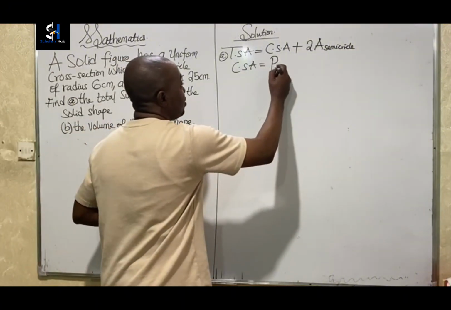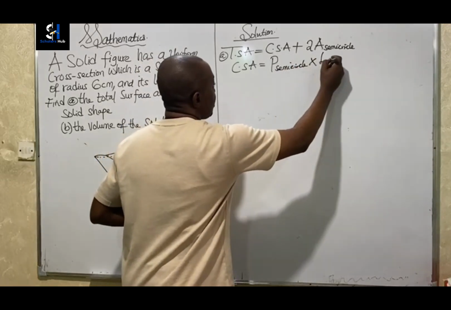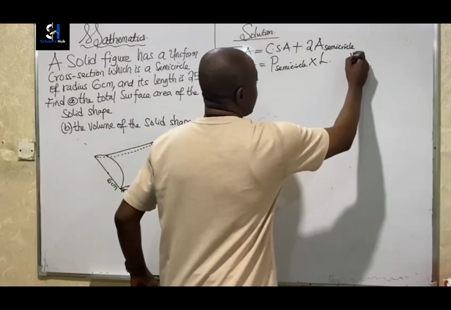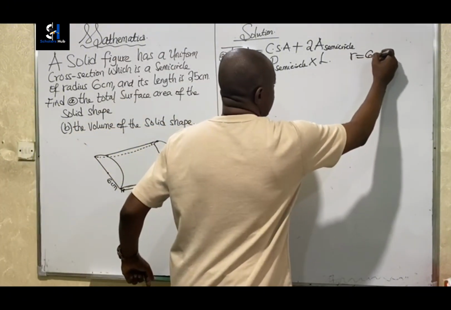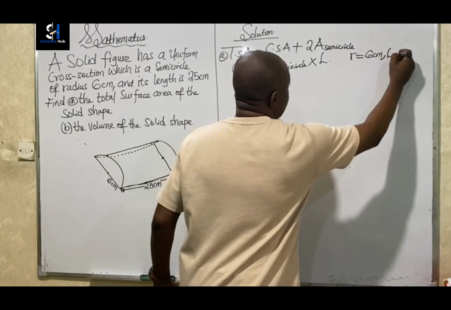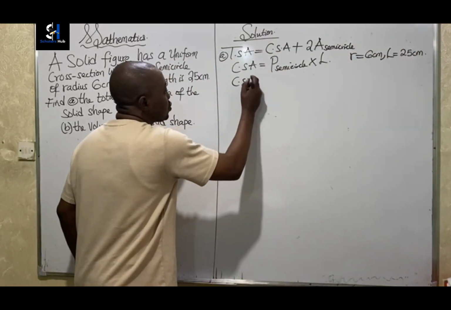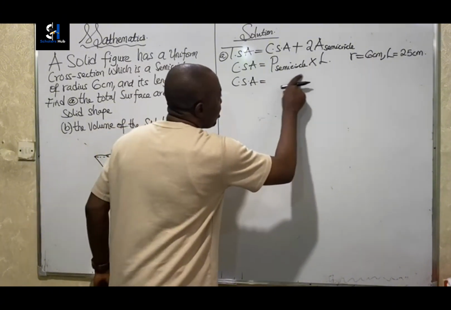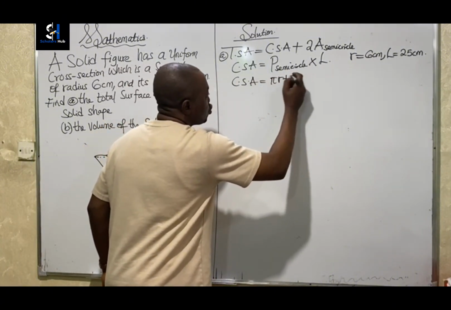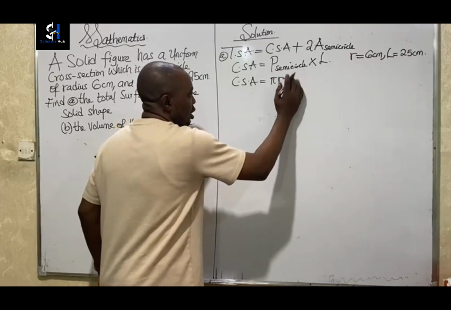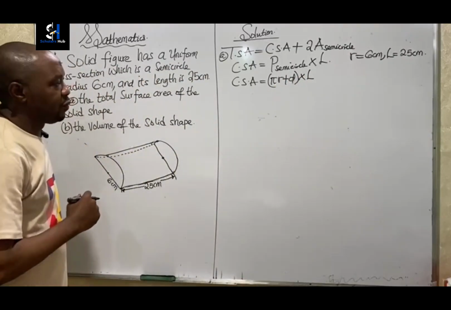The radius is 6 centimeters and the length is 25 centimeters. The perimeter of a semicircle is pi r plus 2r, or diameter, multiplied by the length of the cross section.